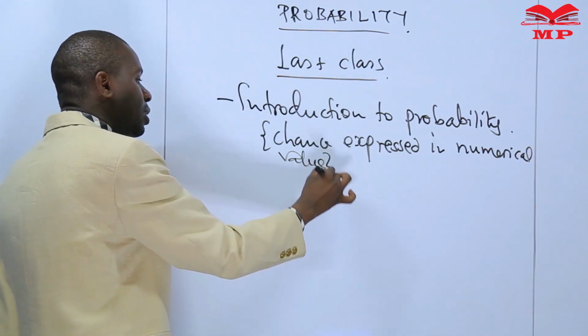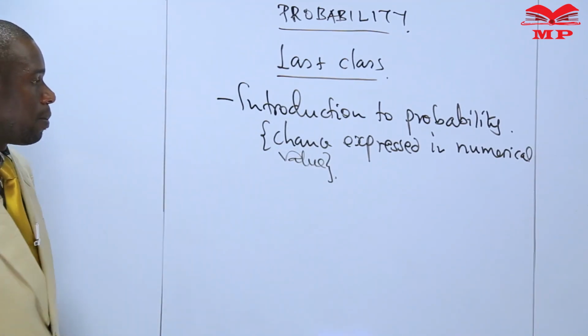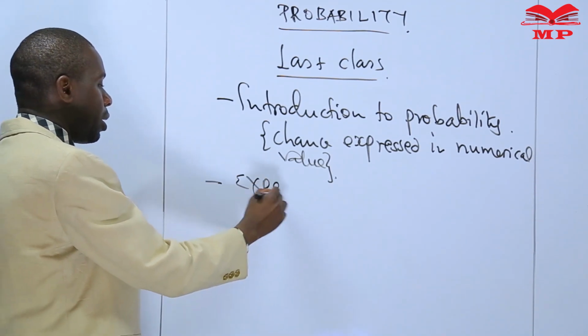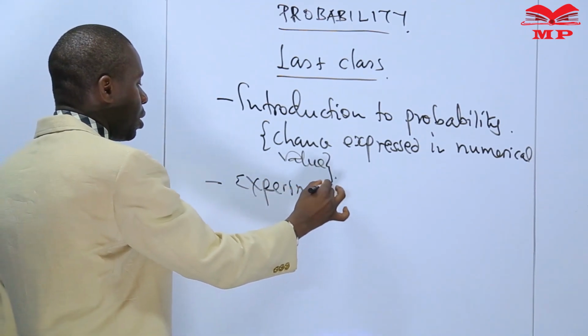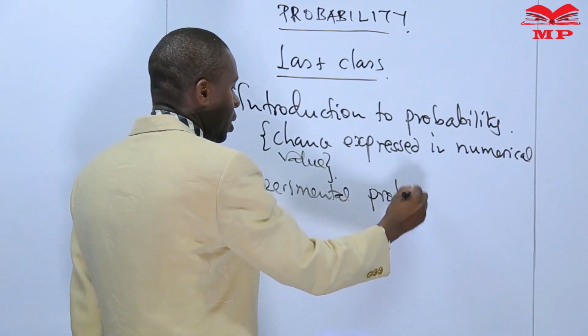So we say that this is chance expressed in numerical value. And still we were able to look at experimental probability.